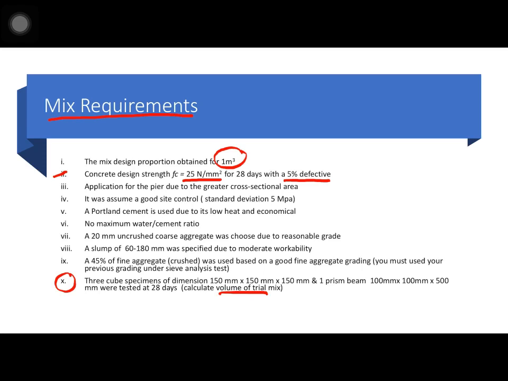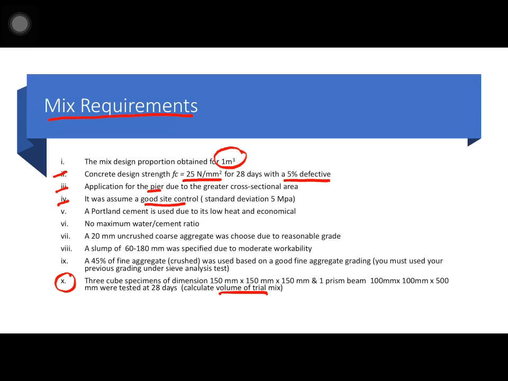Next, application for the pier due to the greater cross-sectional area. This means that this concrete mix design is used for pier concrete. And then it was assumed a good site control. So this is another condition, the info about the conditions of the site.